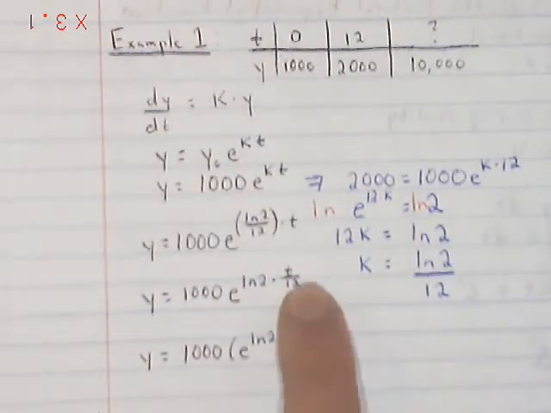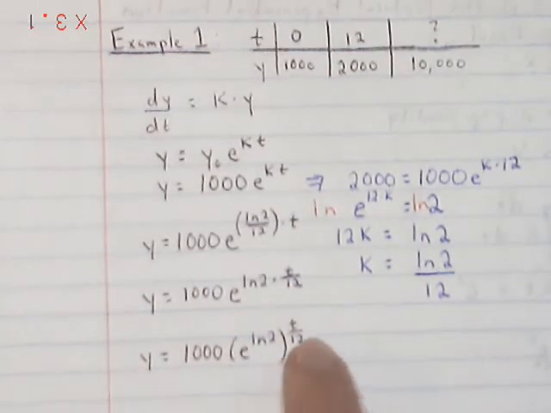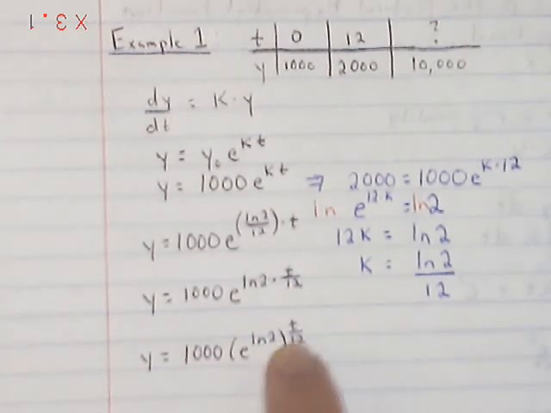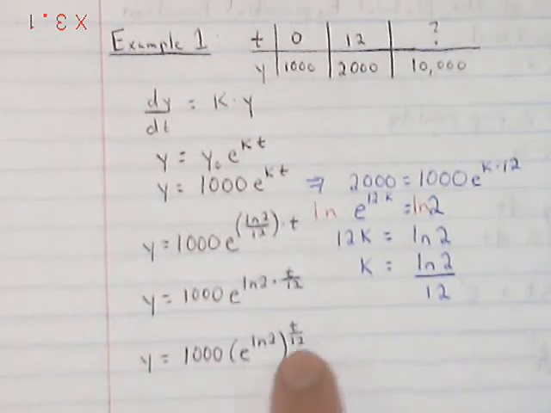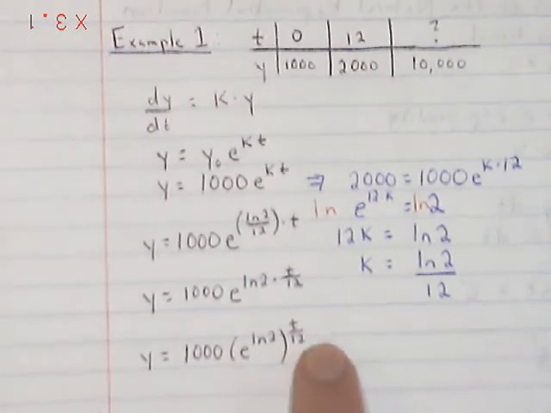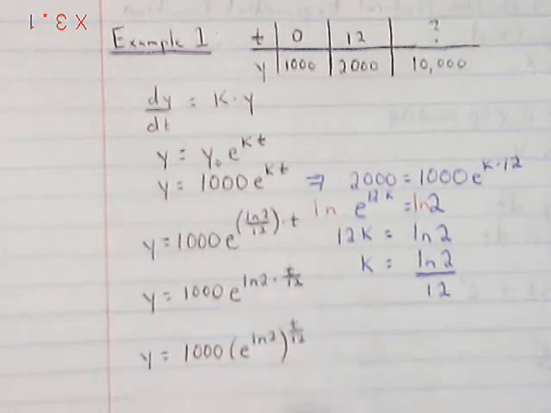Okay? Multiplying exponents is kind of a reversal of the product property of exponents. Sorry, the power property of exponents. Raising one to the other results in multiplication.